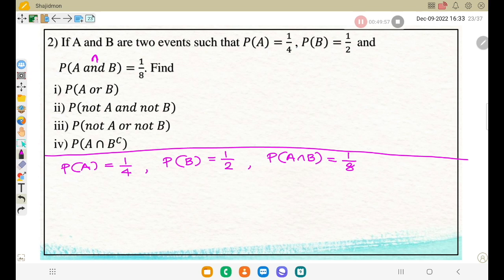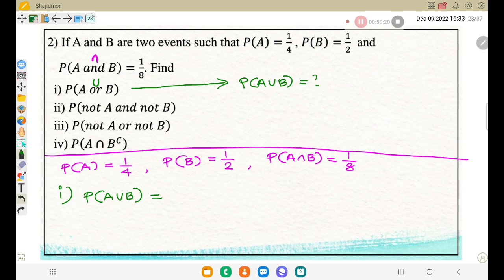The first question we need to do is probability of A or B, where "or" means union. So probability of A union B equals how much?